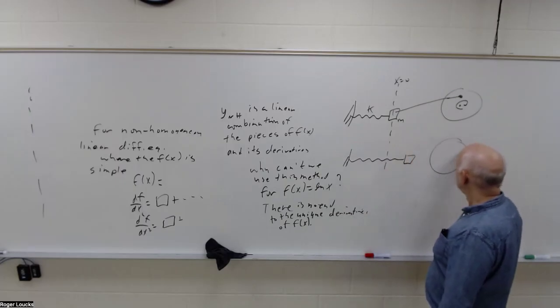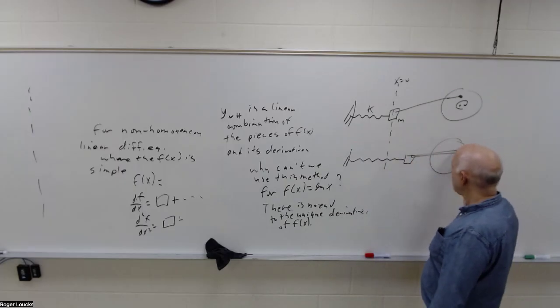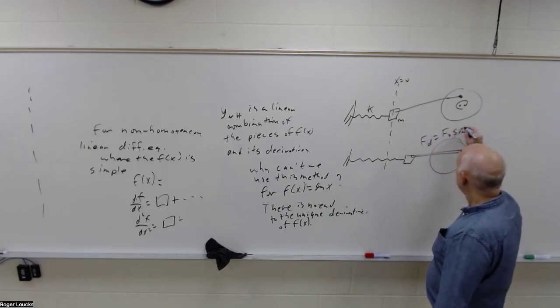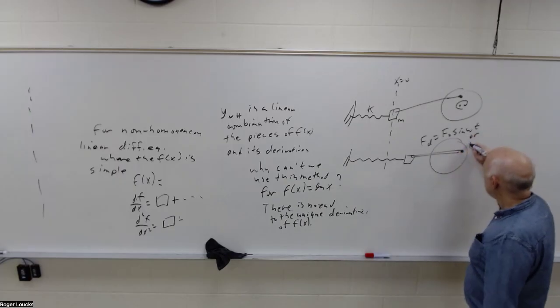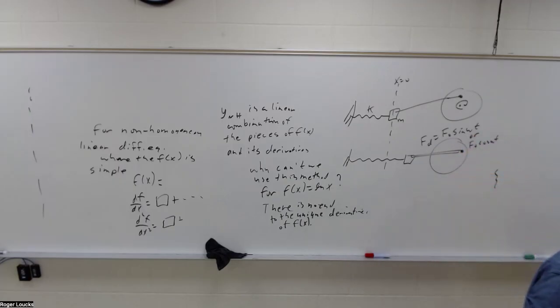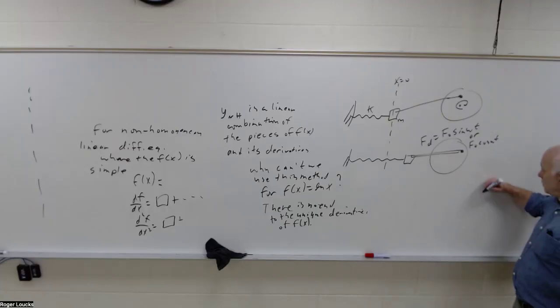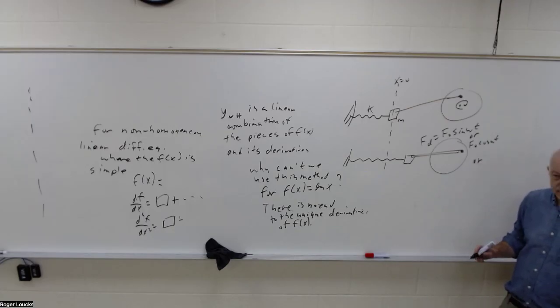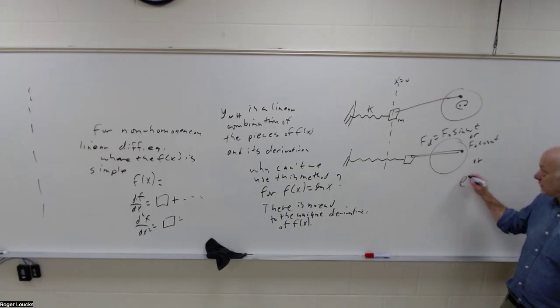Here's our wheel. If you take this driving term to be some F naught sine omega t or F naught cosine omega t, or how else did we take it? The exponential, e to the i omega t.